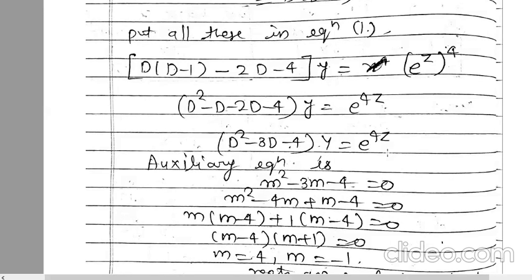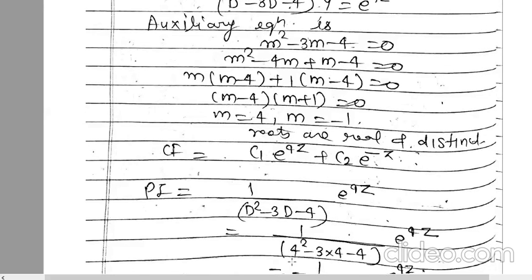So your auxiliary equation for the CF, now you will follow the previous solution method. So m square minus 3m minus 4 is equal to 0. So m is equal to 4, m is equal to minus 1. We can see roots are real and distinct. If roots are real and distinct, your solution will be CF is equal to C1 e to the power 4z.